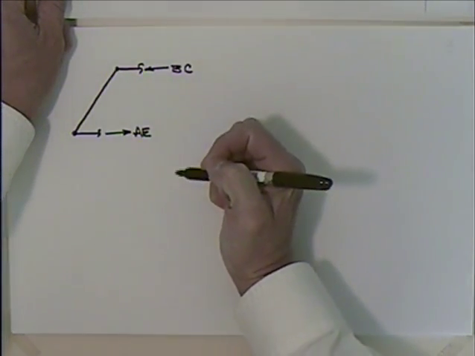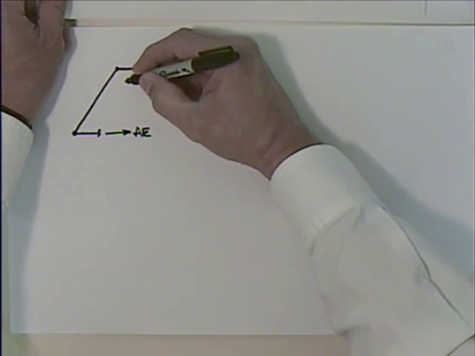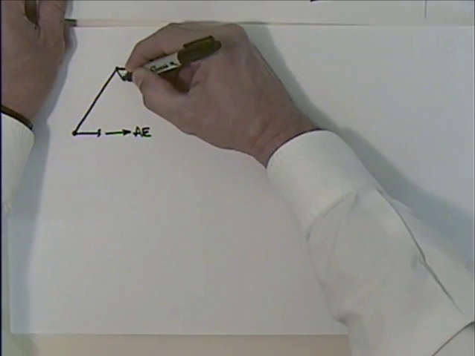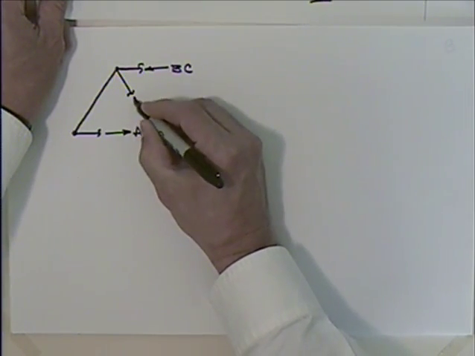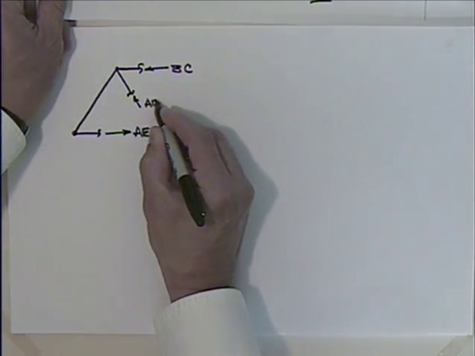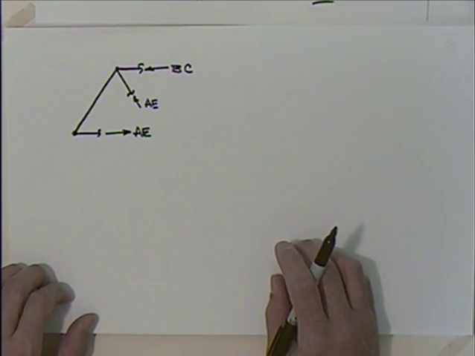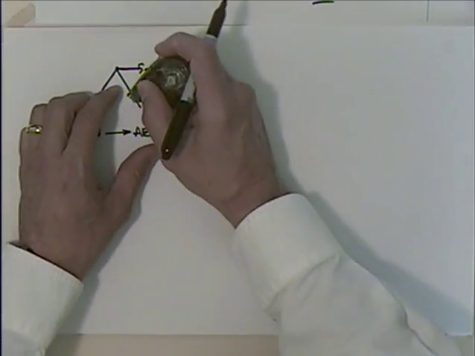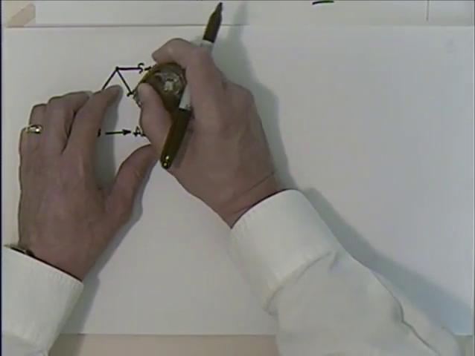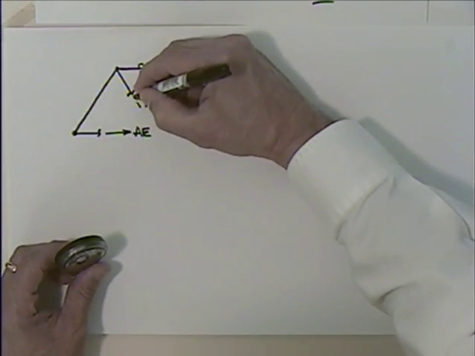BC is in compression, and then I'm going to take this AE, and I'm going to say that's in compression. Let's see, I've got that. I think I'll be consistent with the solutions that we've gone through. So I'm going to draw that in tension.